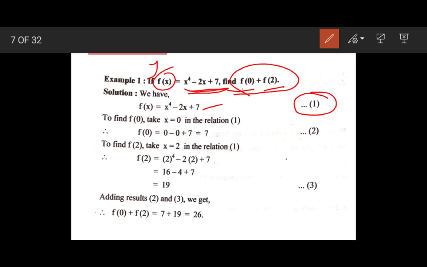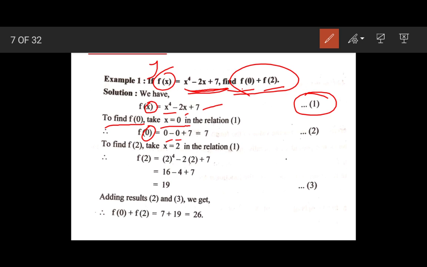See this equation 1, right? Now to find f of 0, what we have to do? We have to replace this x with 0 on the left hand side as well as on the right hand side. In place of x, we are going to put 0.